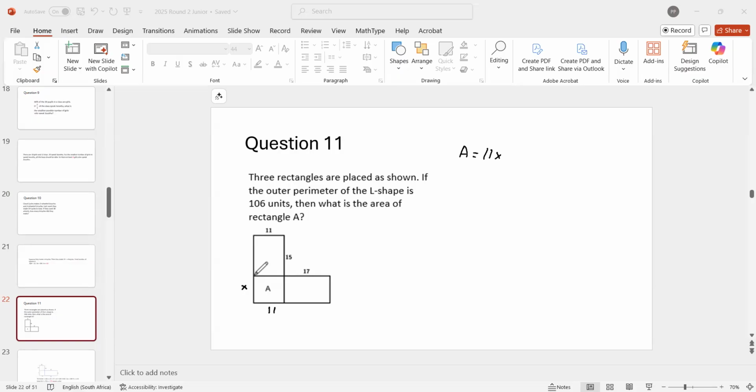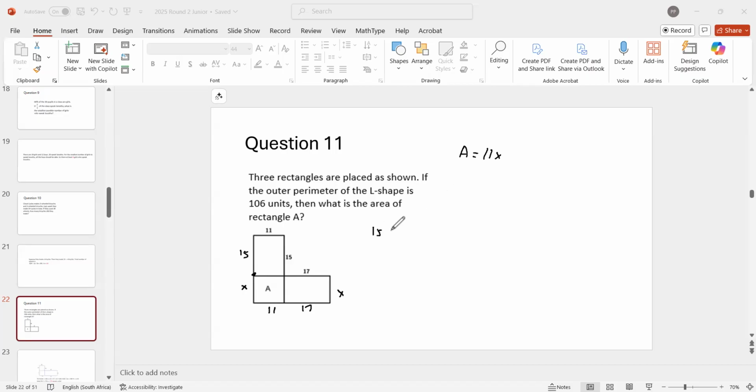So if we start here, from here to here is 15. With 11, 15, 17. And here it will be x. It's the same as the other one. And then it comes down here. And this is 17. And there's 11 here. And x here. So the perimeter is, to go right round, it's 15.